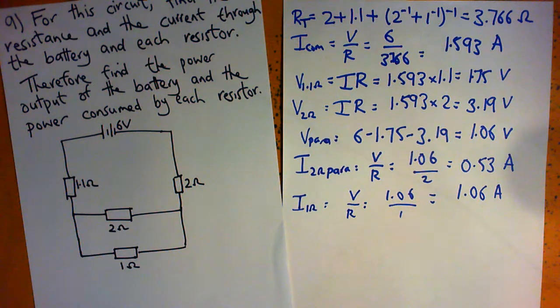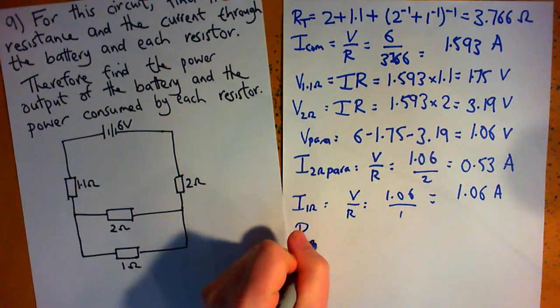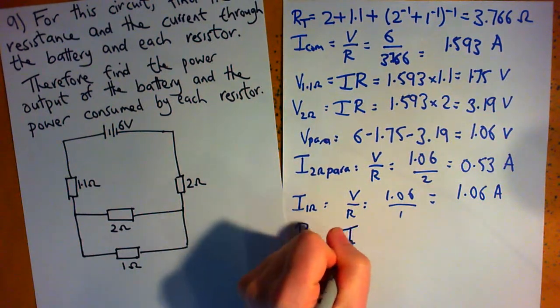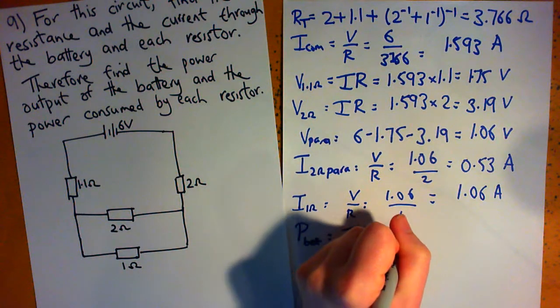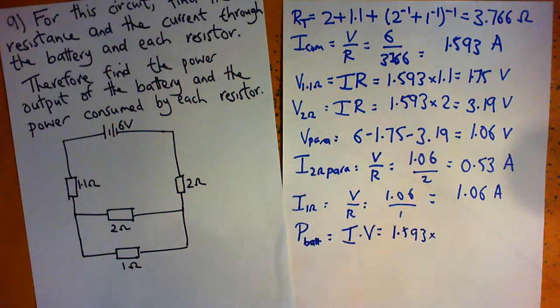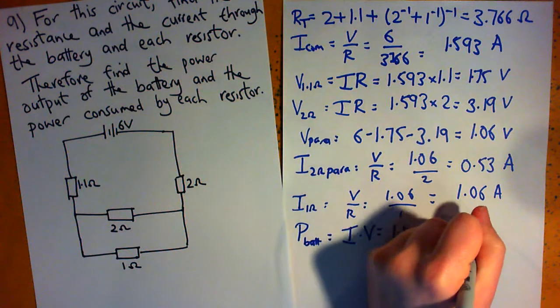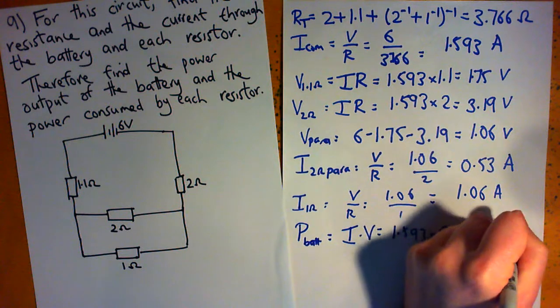Let's work out the power. The power of the battery, power is current times voltage, and the current of the battery is 1.593 times the voltage of the battery, 6 volts, and that gives us 9.558 watts.